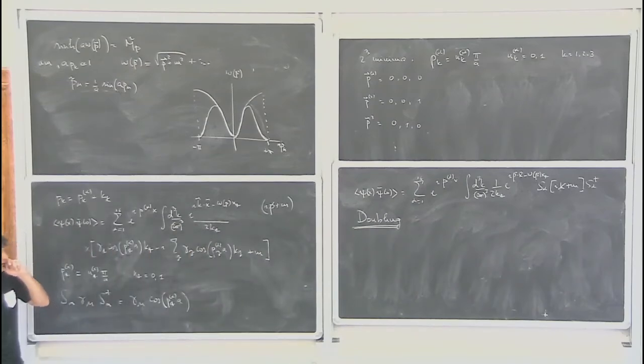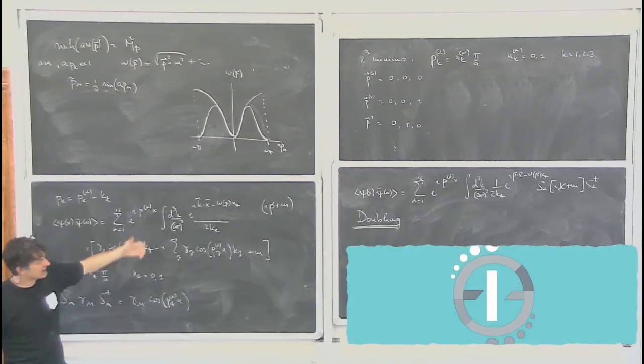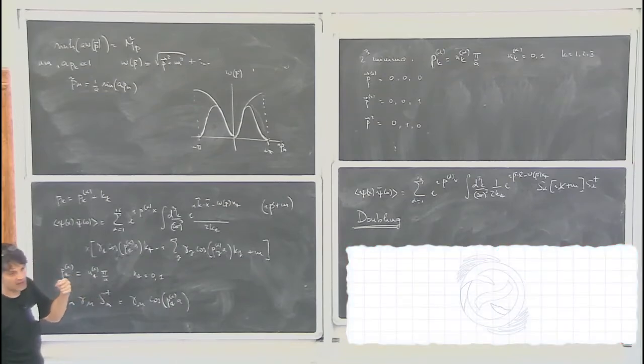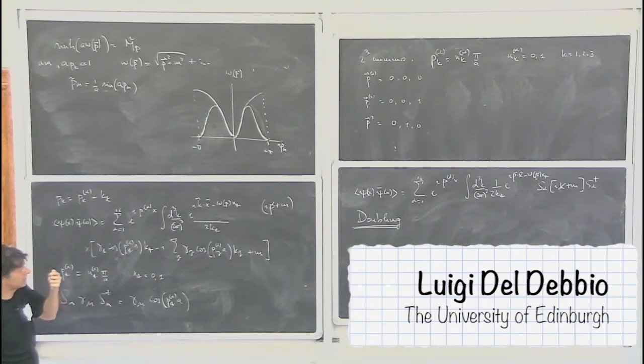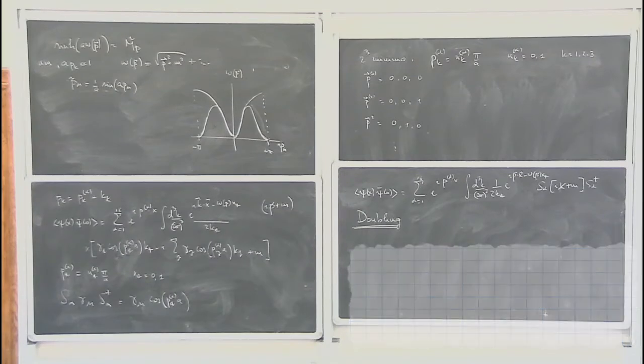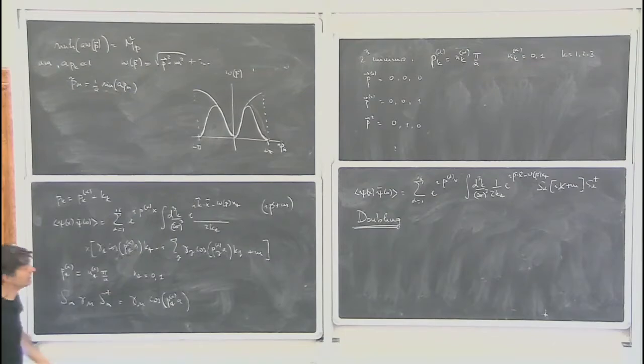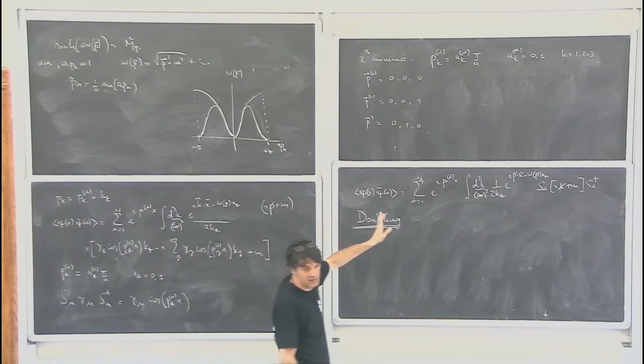Okay, and it's all a consequence of the fact that the Dirac equation is a first order equation in the derivatives. Okay, so that you get this sine ap instead of sine ap over 2 when you discretize the momentum. And this is not an accident, okay?